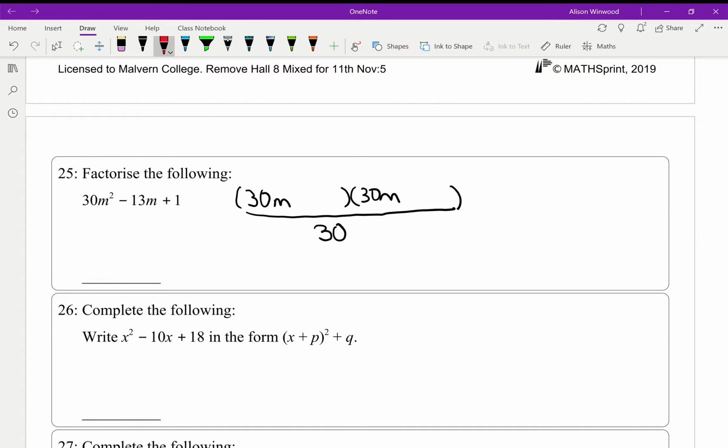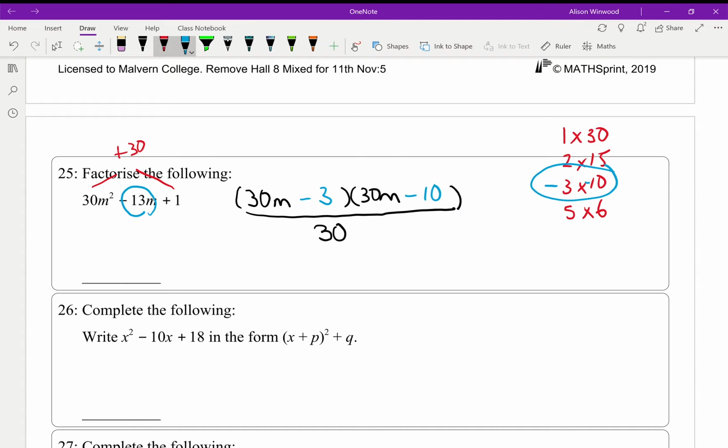Then I'm looking for numbers that multiply to make positive 30, the product of 30 and 1. So that could be 1 and 30, 2, 15, 3 and 10, 5 and 6. But they need to add to negative 13, so if I have negative 3 and negative 10, that satisfies my condition.